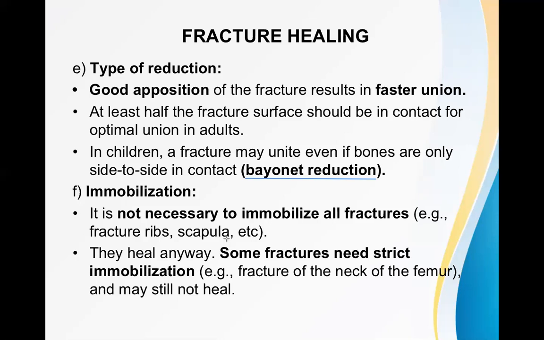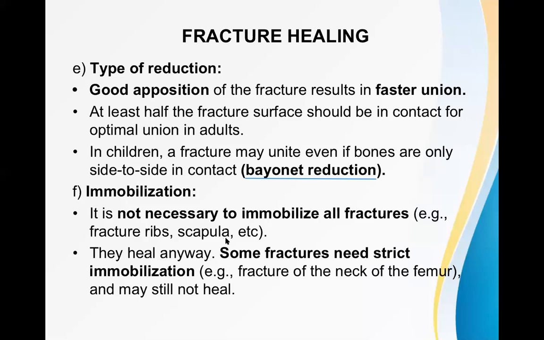But if the fracture occurs in the bones of our upper limb and lower limb, we constantly use those body parts, so if we constantly move those fracture ends, they are not going to heal. So these fractures need strict immobilization. You can take the example of all fractures of the upper and lower limb.